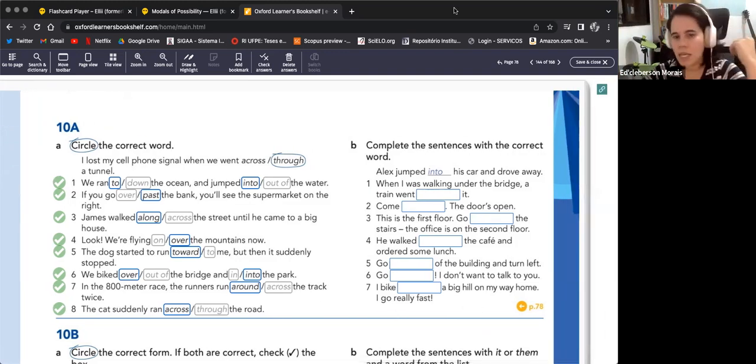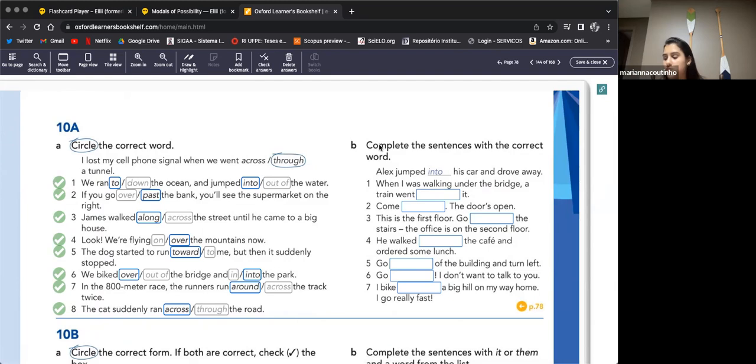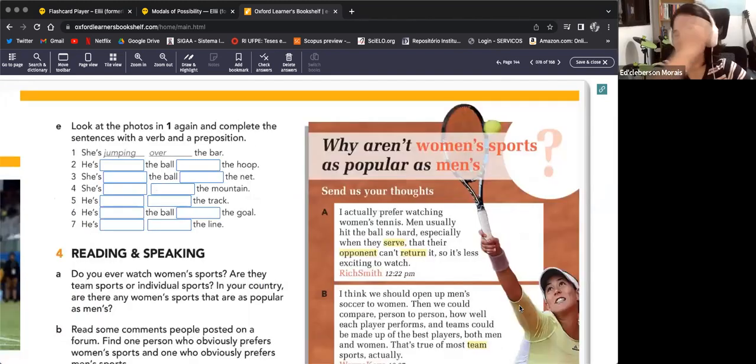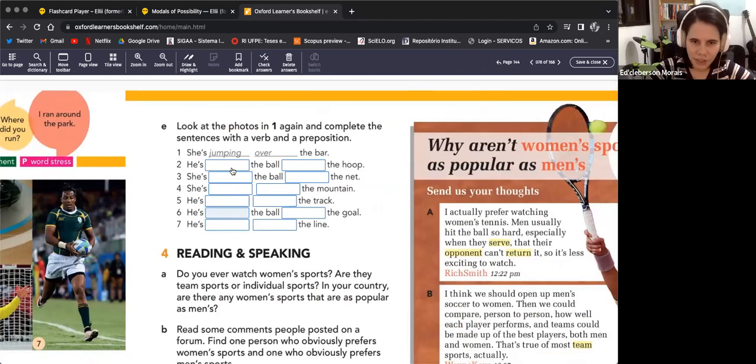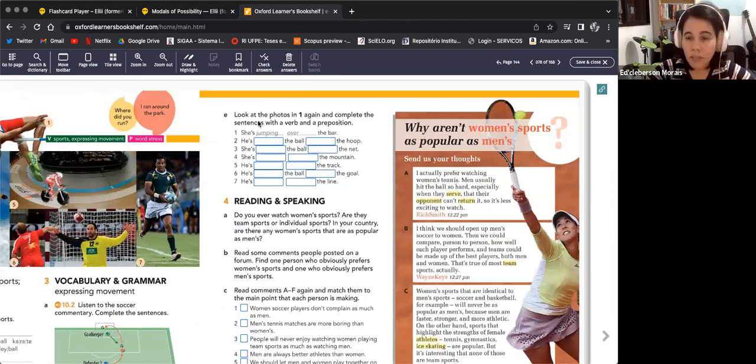This part B, you can do as a homework, okay? Do this as a homework for you to practice. Let's go back to the book. Now, this one. No, zoom out. Okay, look at the photos.